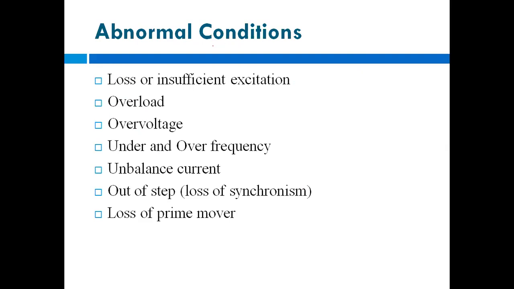That is, if the generator does not get the excitation input. Then under and over frequency, then unbalanced current, out of step, meaning loss of synchronism. So if the synchronism of this generator fails, then that is called out of step, and loss of prime mover.